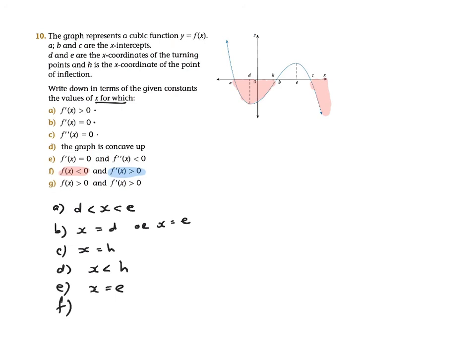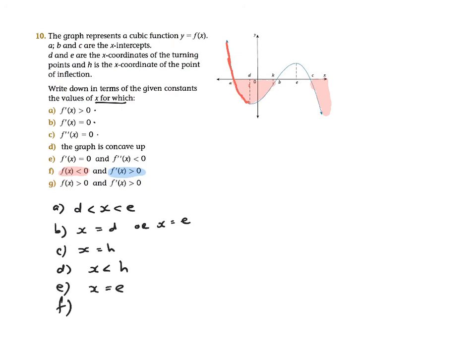So for which x values will there be negative y values, but it must have a positive slope. So all the negative slopes are out. All the values less than d, they're out.